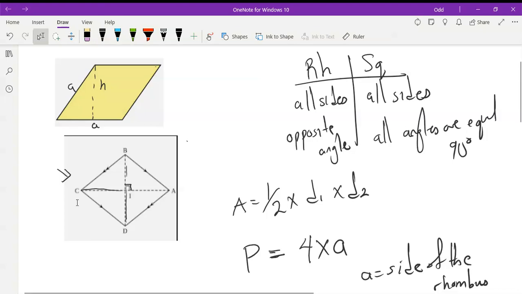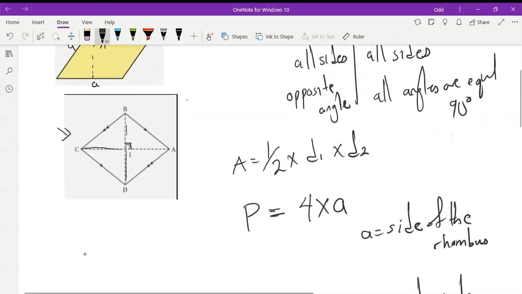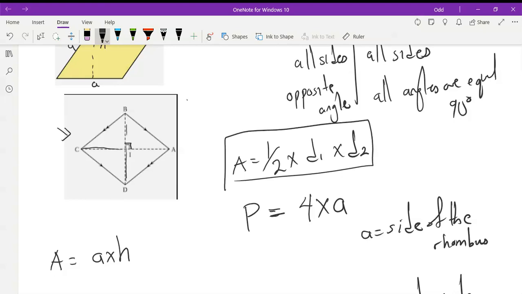So another formula for the area, if they give you just the side and the height, is a times h. If they give you the height and the side, then you can use this formula. But most times they will just give you the diagonals and ask you to find the area. You just use this one. So it's your choice.